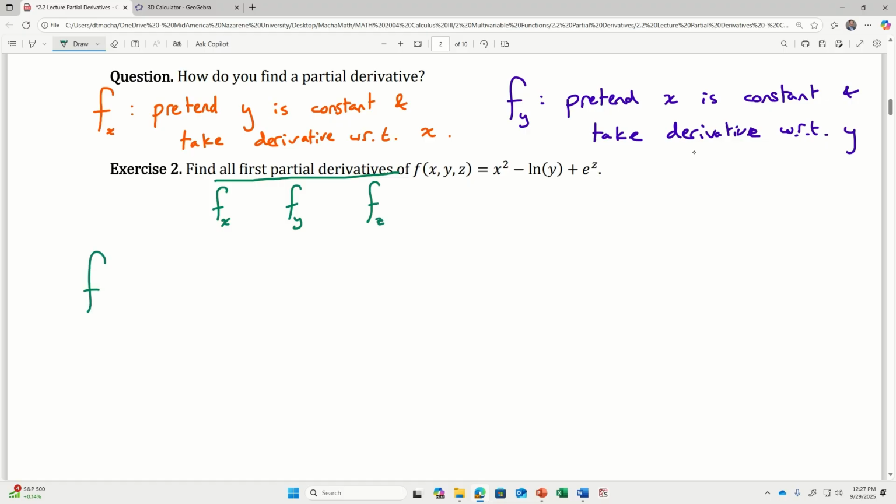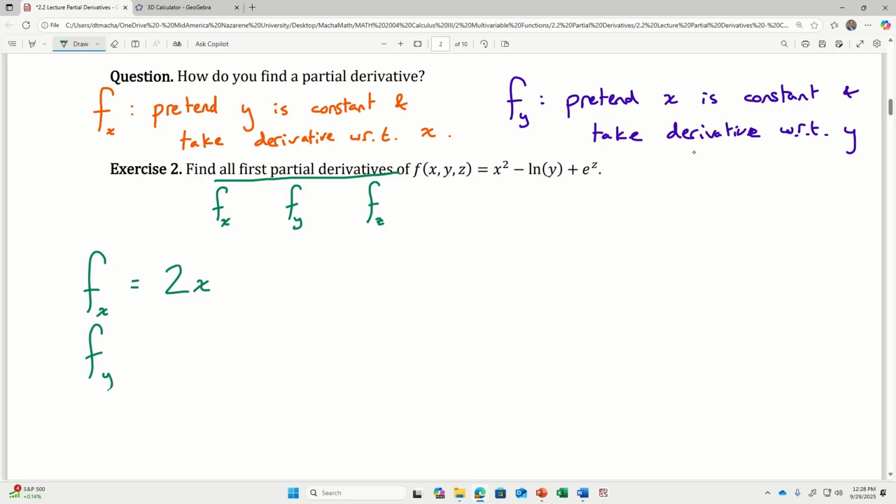And what is the partial derivative with respect to x? Two x, yep. Because we are pretending that y and z are constant. This is just going to be 2x.